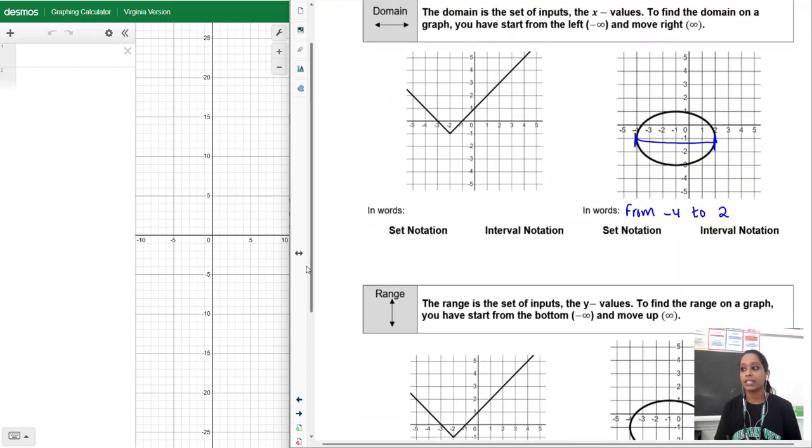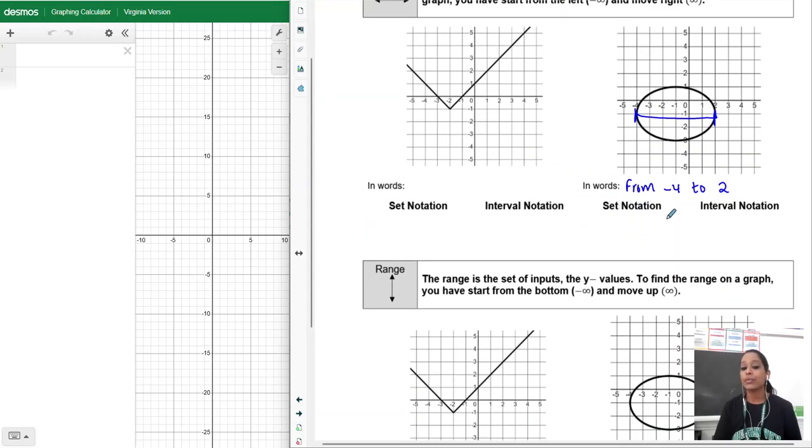But we don't usually just write it like that. We use math notation to write it. There's two ways we write it, and you do need to know both ways. The first way is set notation. Set notation gives you a set of numbers. Obviously I can't write -4, -3, -2, -1 because there are also numbers in between like -3.5 and so many others. So we just say the domain is between -4 and 2, and we use this: -4 less than or equal to x less than or equal to 2.